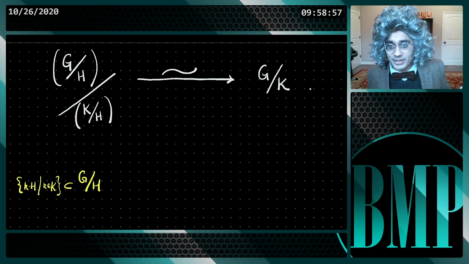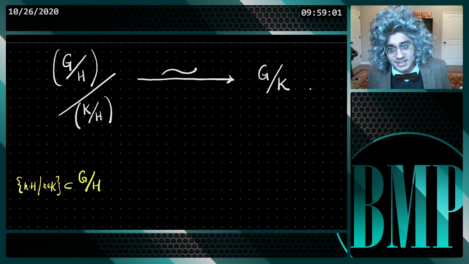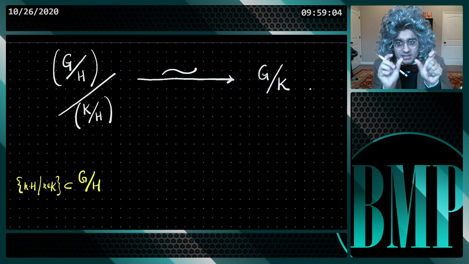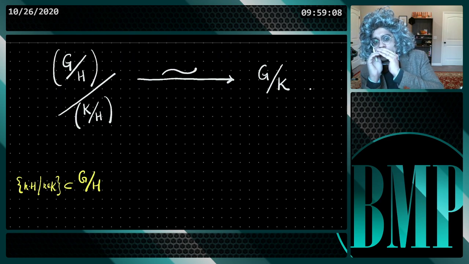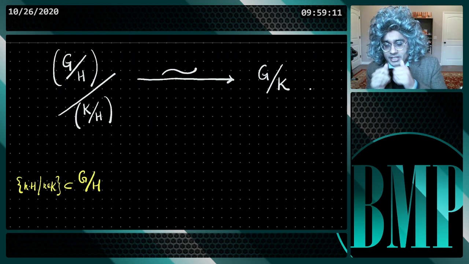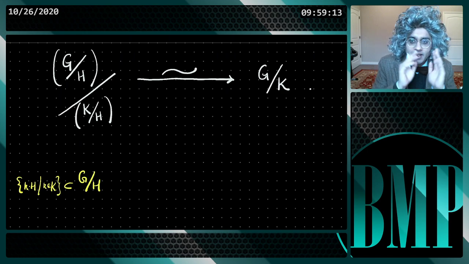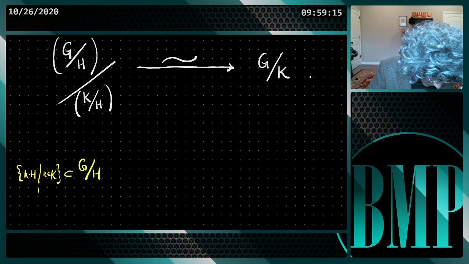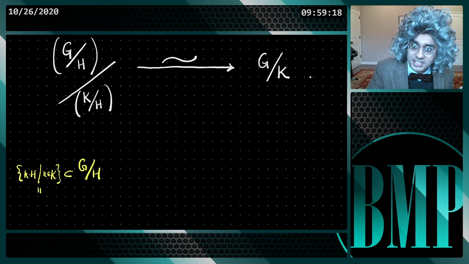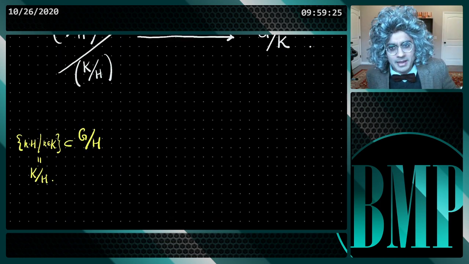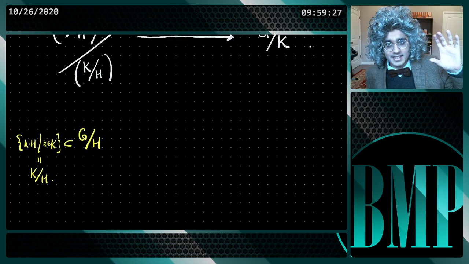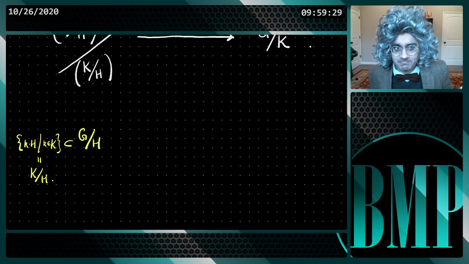Those cosets, with just coset multiplication, which works because everything in sight is a normal subgroup, H in particular, form a subgroup exactly equal to K mod H. So K mod H is a subgroup of G mod H.